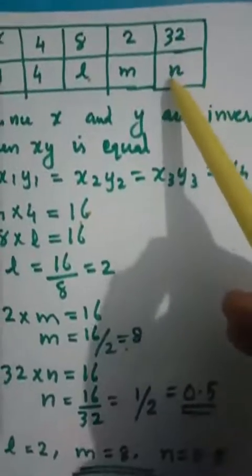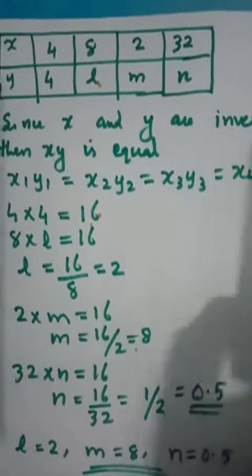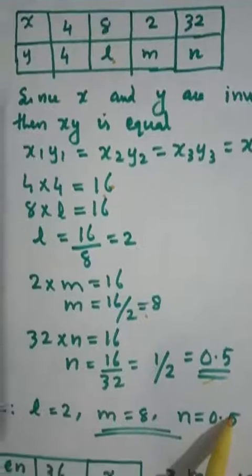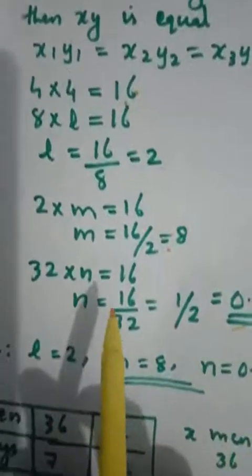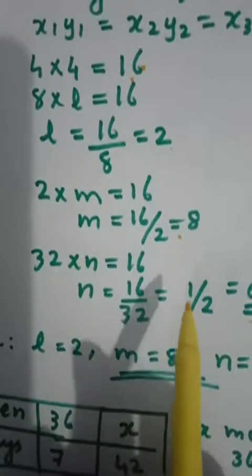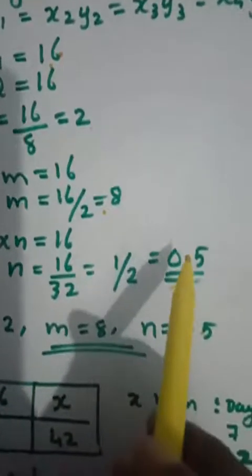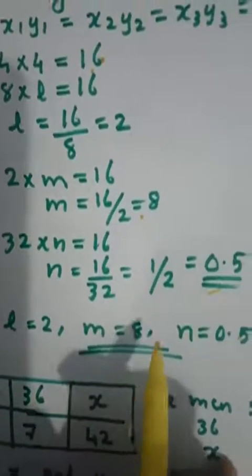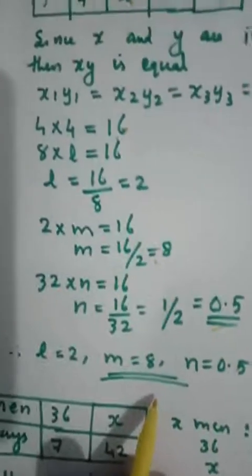Next one, 32 into N. It is also 16, because x into y is a constant. So 32 into N is 16. So N is equal to 16 by 32 equal to 1 by 2, which is equal to 0.5. So L is 2, M equal to 8, N equal to 0.5.